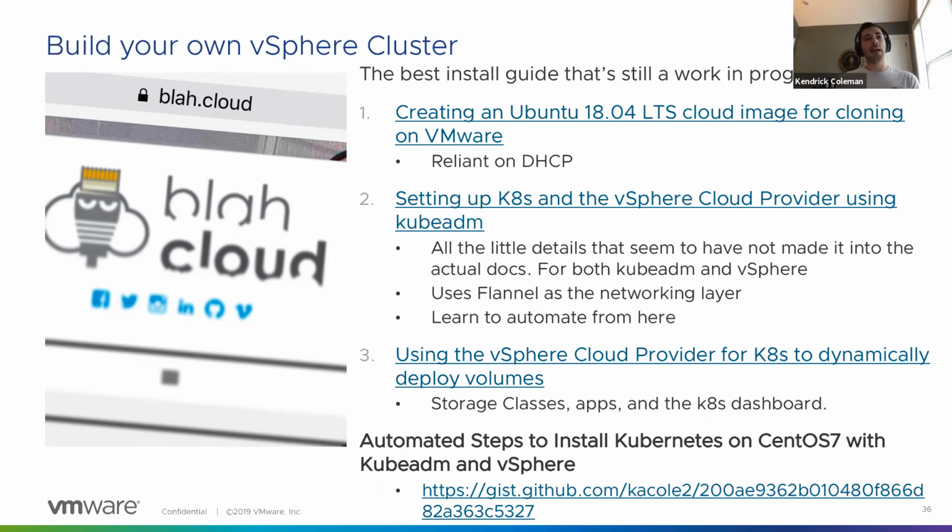The second is actually setting up Kubernetes and the vSphere cloud provider utilizing kubeadm. So kubeadm, as I'd mentioned, you see this common theme that's happening here. And that is one of the best ways today that you can get an open source conformant cluster up and running. And so this is going to go through all the little details that just didn't make it into the docs for some reason.